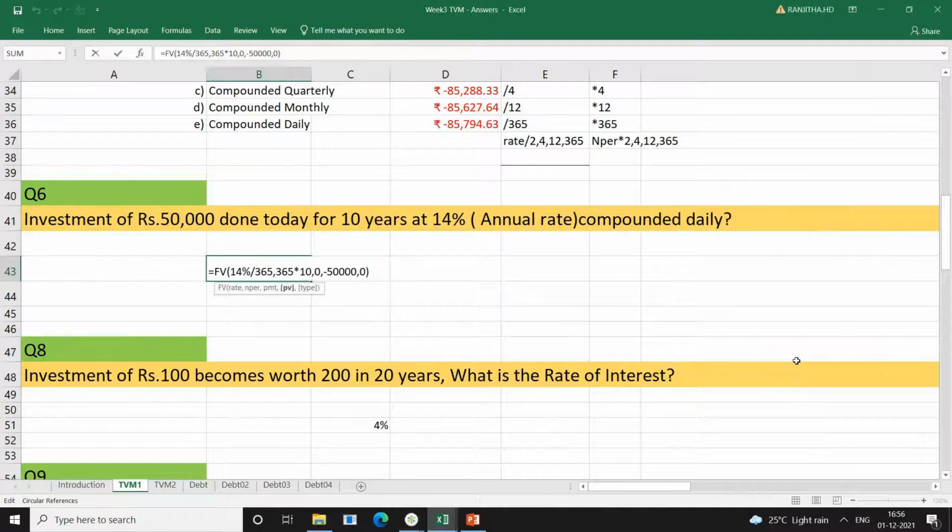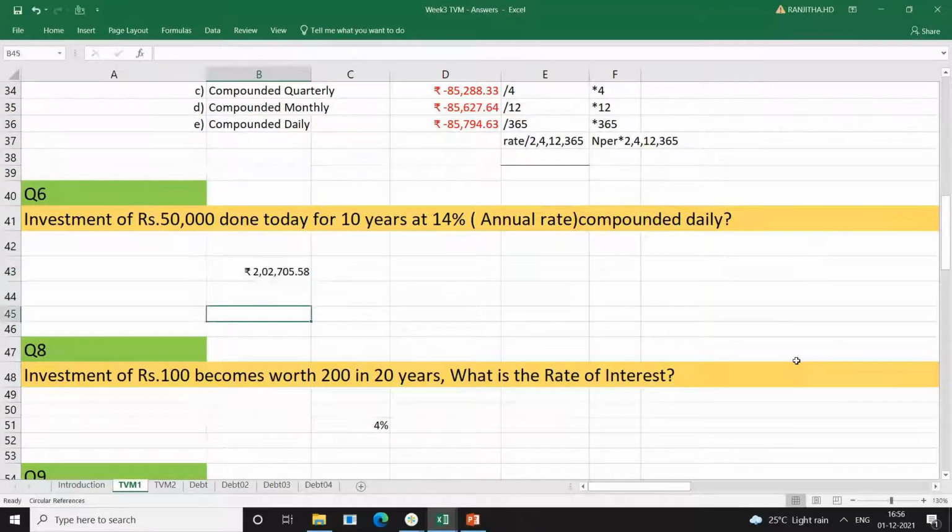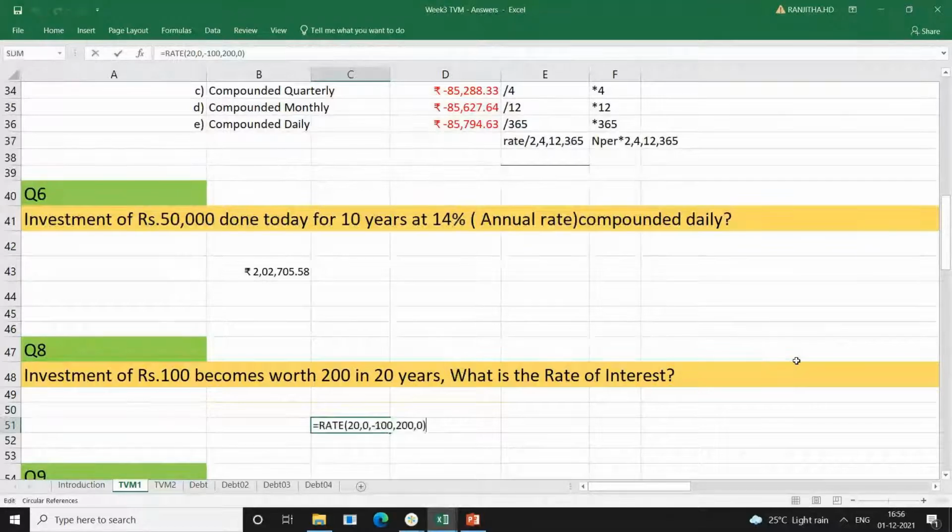In the same manner, if I want to find out the interest rate, as I told you yesterday, if I'm finding the interest rate, I should use rate itself.